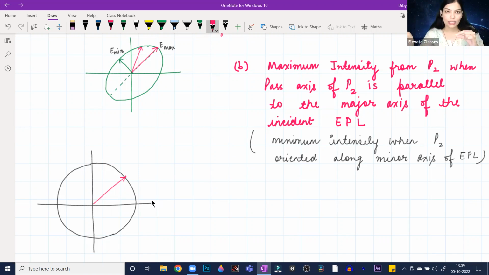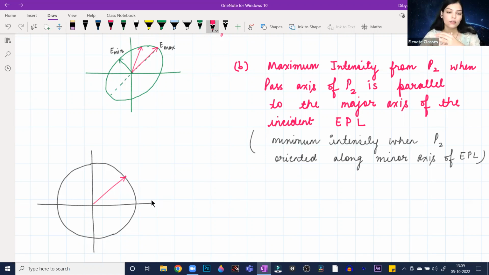So I will get maximum intensity, because each time I sampled, when the light passed parallel to the pass axis of the analyzer, the magnitude was higher. But if I keep the pass axis parallel to the minor axis, every time the light passed through it, the magnitude was smaller. So the time average magnitude would also come out smaller.